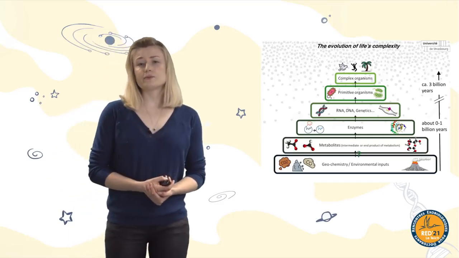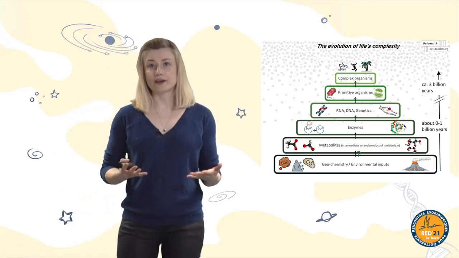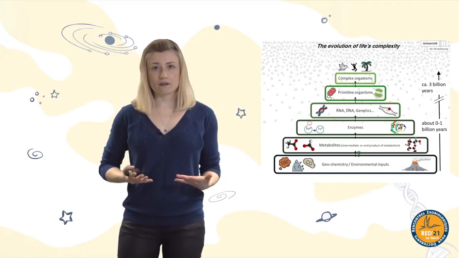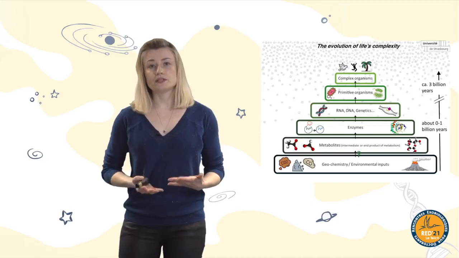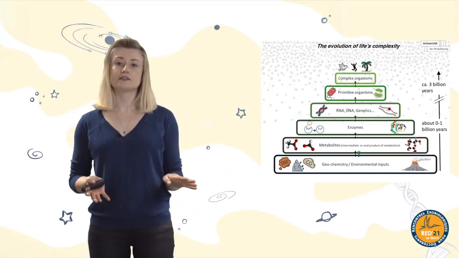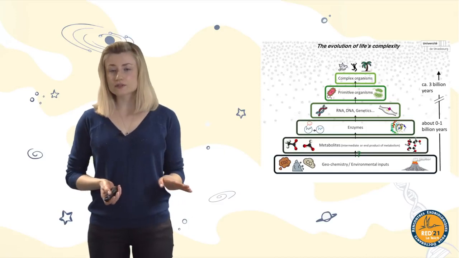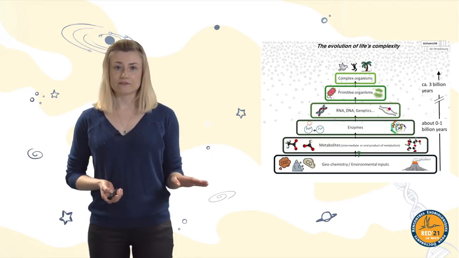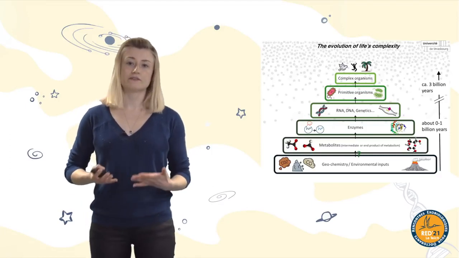So prebiotic chemists, or chemists who work on the origin of life, can approach this in two ways. These are the two major distinctions in the approaches. One hypothesis I want to tell you about is the RNA first hypothesis, so genetics first.